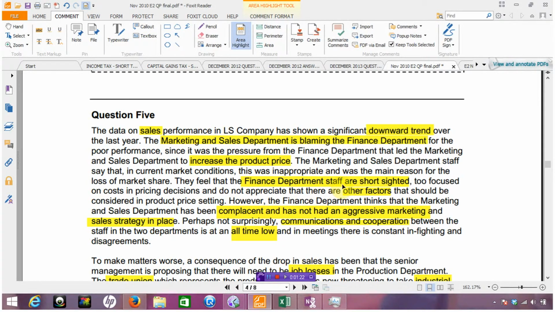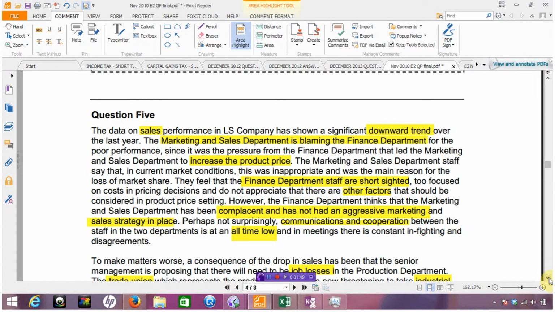They feel that the finance department are short-sighted and the opposite of themselves. The finance department, conversely, believe that the marketing and sales department are complacent. They've not had a good enough, aggressive enough marketing and sales strategy, and as a result of the above, communications and indeed cooperation are virtually non-existent, at an all-time low.